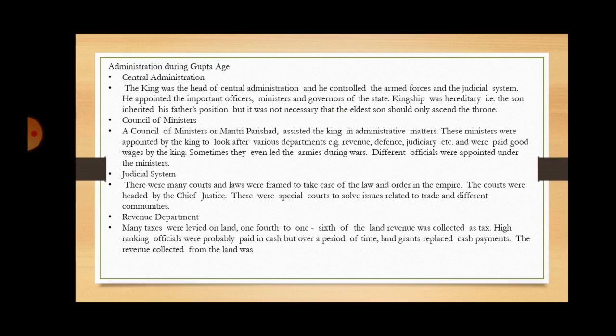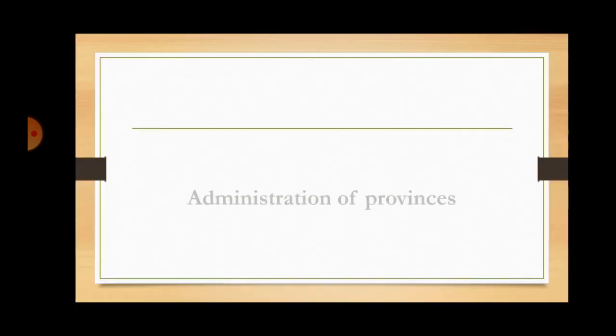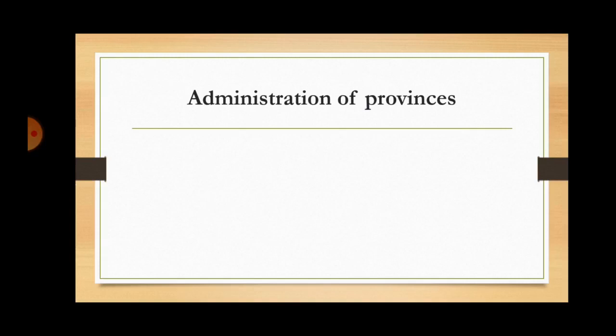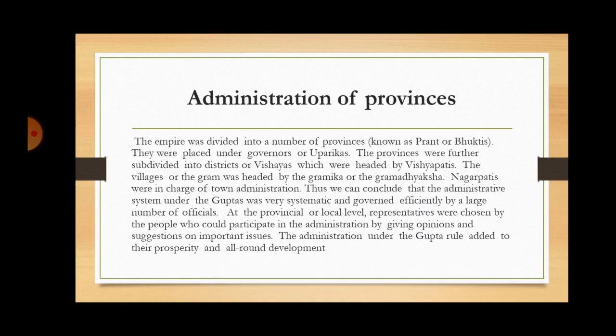Administration during Gupta age. Here are some points for the administrative system during Gupta age. So, administration of provinces. The empire was divided into number of provinces known as Prant and Bhuktis.